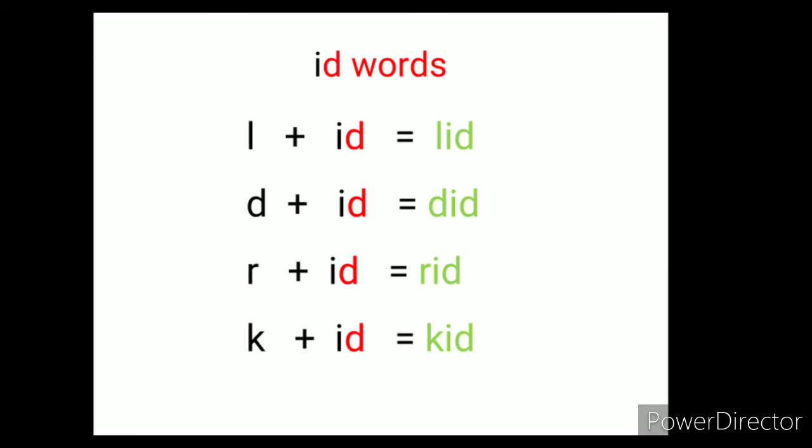Now what is this? E, d, id. The same way, one consonant we will add in front and we will read it like this. L, id, lid. D, id, did. R, id, rid.